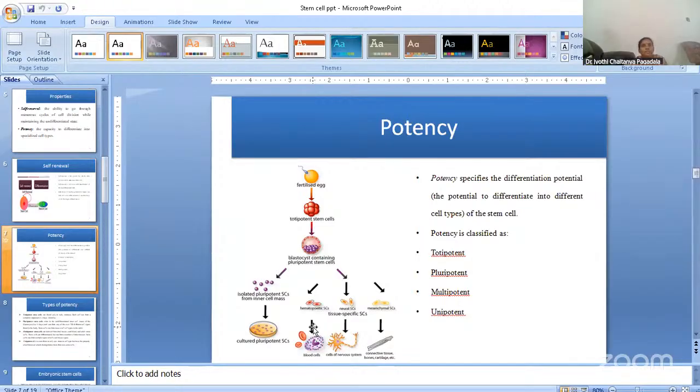So here the totipotent cells are from embryonic and extra embryonic tissue, pluripotent cells from the 3 germ layers, while multipotent cells generate cells limited to 1 germ layer.